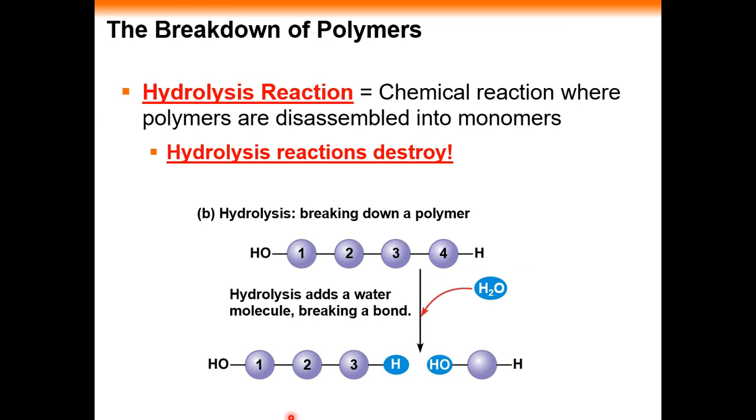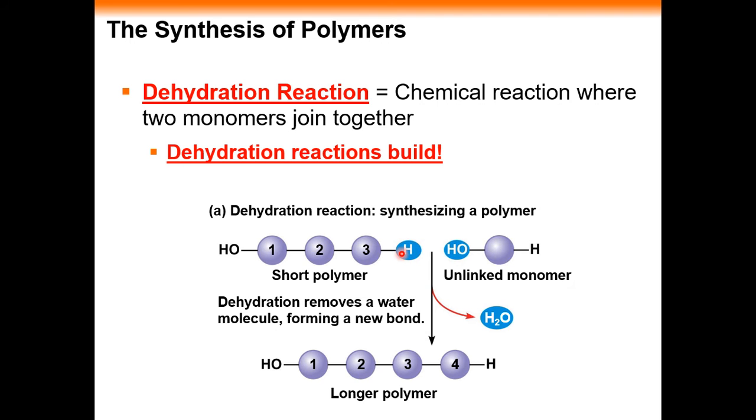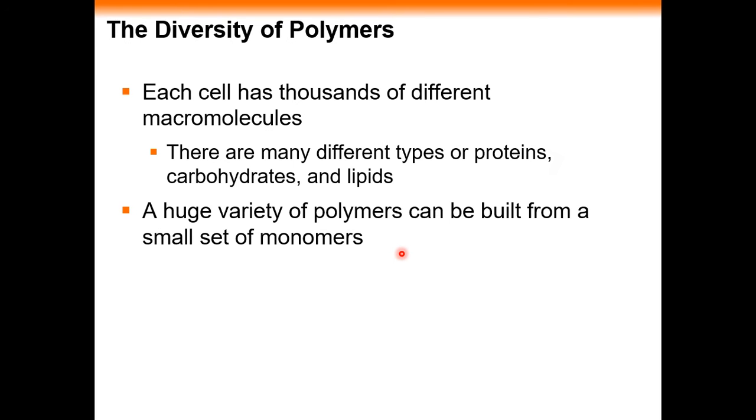You chop off this piece, and now you have an individual monomer. Hydrolysis reactions are where you disassemble the polymers, the big long chains. You take off one piece at a time. Dehydration reactions you build. You add one piece at a time. It gets longer and longer. And hydrolysis is when you break it down and you get individual units.